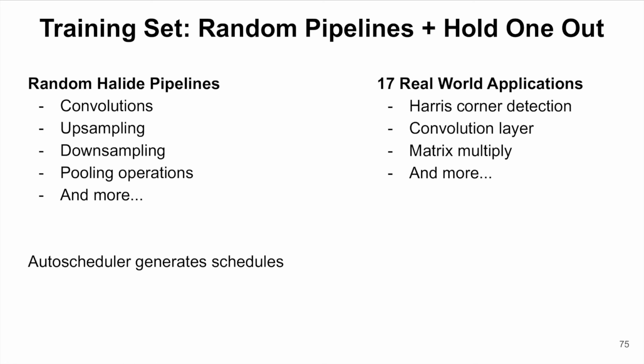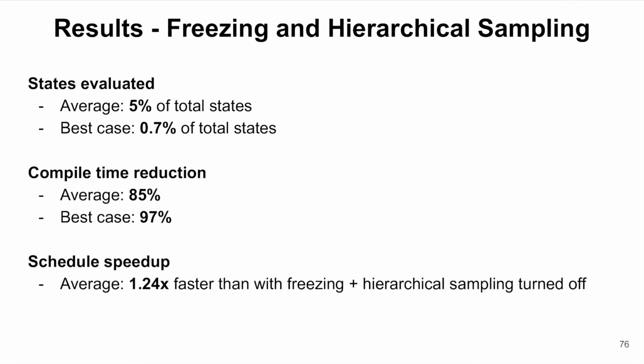And we also have a set of 17 real-world test applications. Each of these applications is trained in a hold-one-out fashion. So it's trained on all of the random pipelines and all of the other applications, but not itself. And we use the autoscheduler itself to generate schedules for this training set.